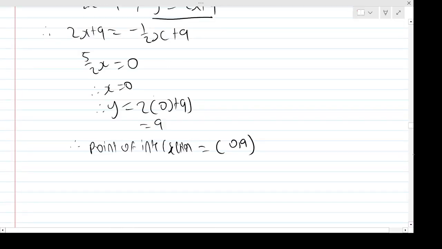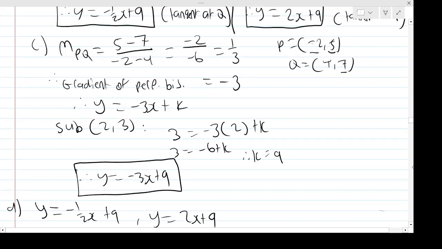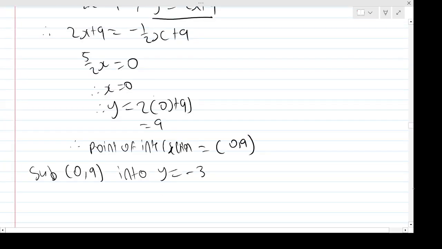So sub 0, 9 into y equals minus 3x plus 9. I then get that 9 is y, minus 3 times 0, add 9. Right, indeed, 9 equals 9, okay?